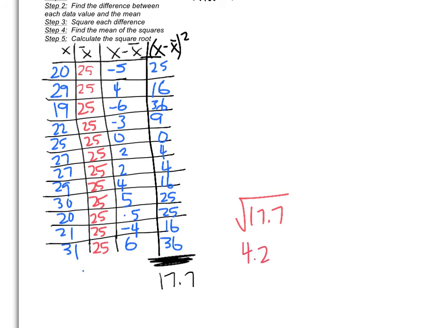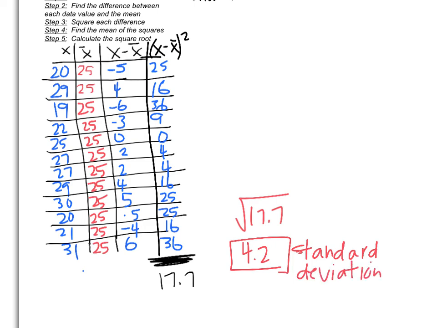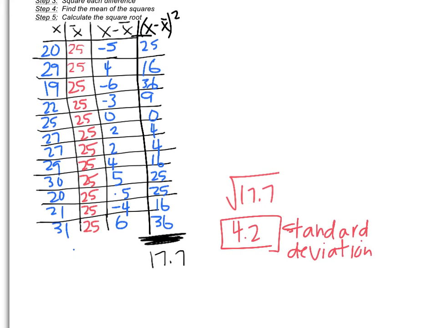So each age is about 4.2 years away. So 4.2 is the standard deviation. And I will interpret up here because I forgot to interpret.